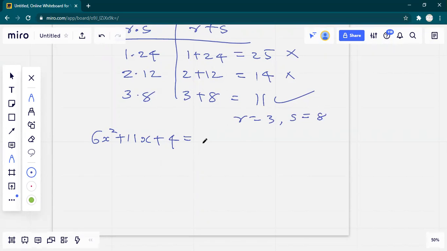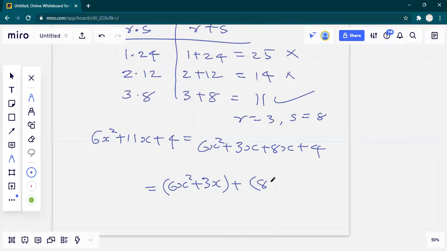So this can be rewritten as 6x squared plus 3x plus 8x plus 4. Grouping, we have 6x squared plus 3x, plus 8x plus 4. Let's take the common factors.